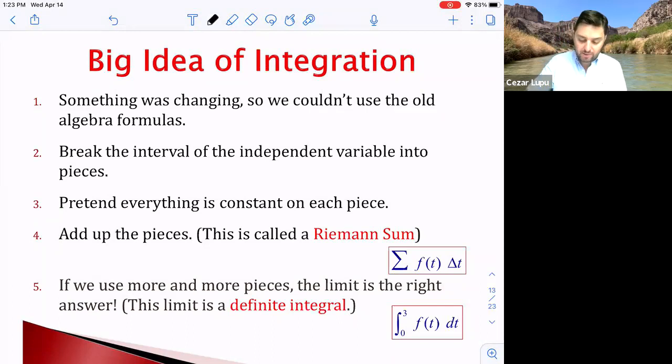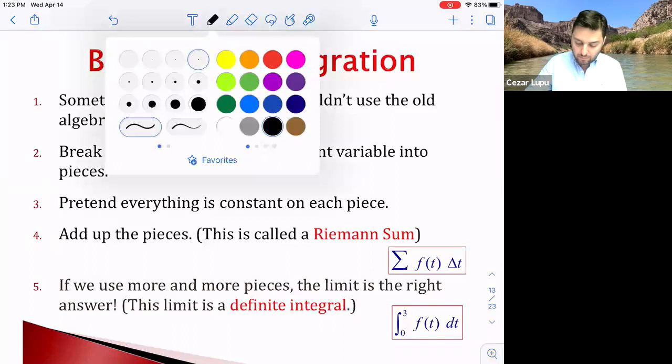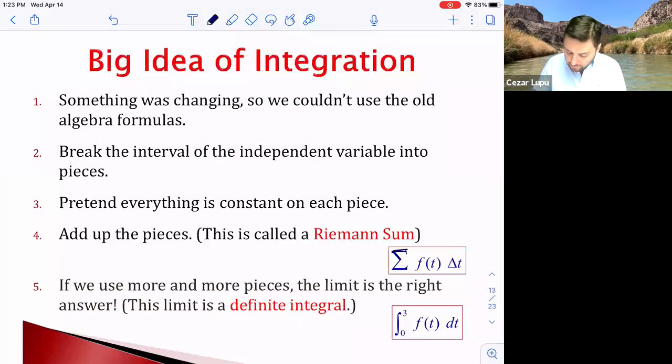Remember when we added up those pieces, it was this sum here, of f of t times delta t. Well, in our case, with the velocity, it was v of t. That's what we call the Riemann sum.